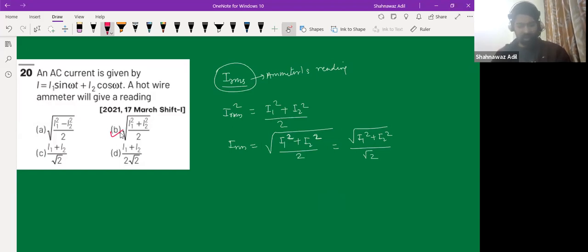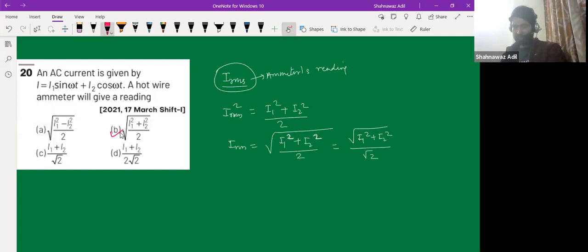And always remember that whatever supply is given, in the household, it is given that the supply is 220 volt. So this 220 volt is what value? This is the RMS value, right? All the calculation will be done in RMS values. Note it down.